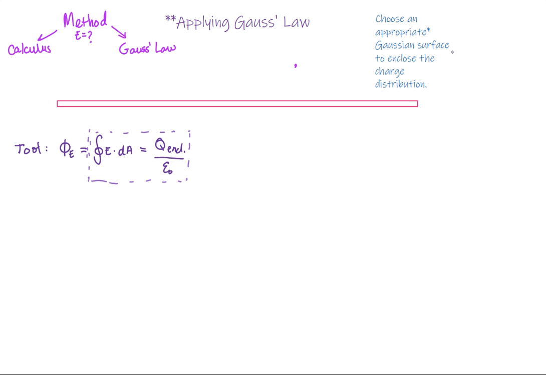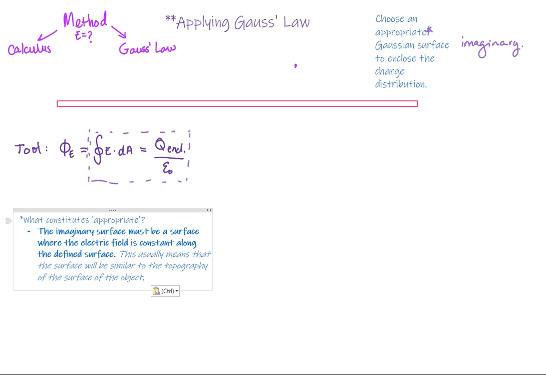Now remember, the Gaussian surface is imaginary, and that's what's really important. It doesn't actually exist outside of our abstract mind in order to answer this question. And the key word here, of course, is appropriate. So what constitutes appropriate? I have another little blurb here that I'm going to copy down over here.